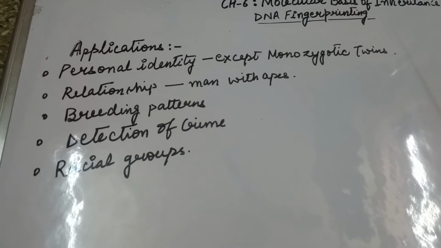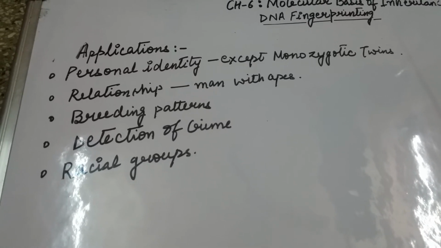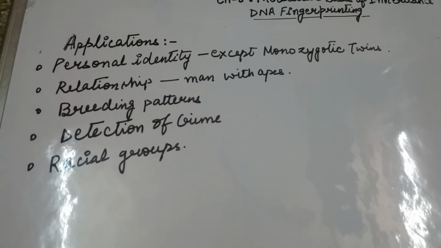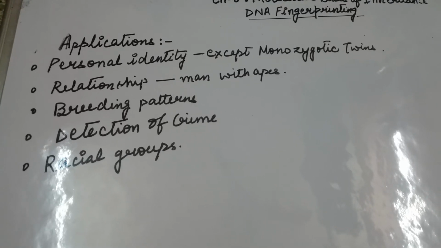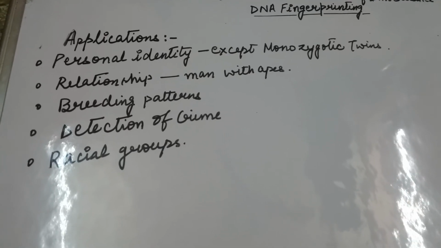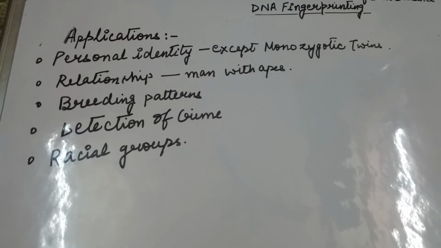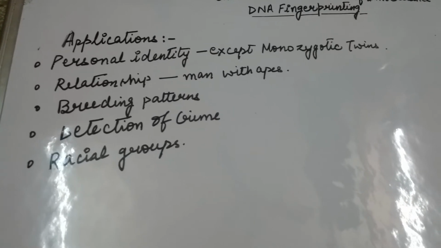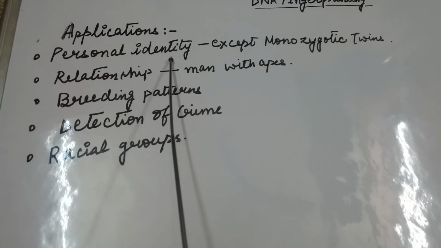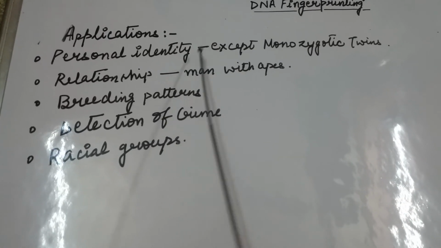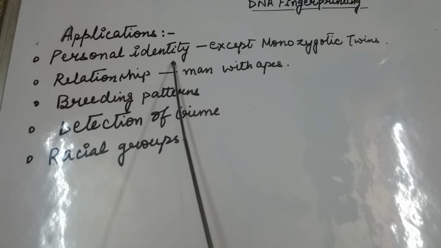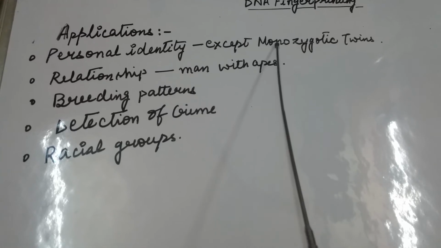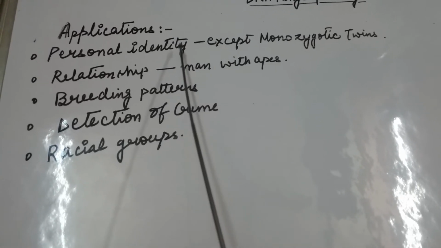Like dermatoglyphics, the study used to identify people by skin printing and palm printing, DNA fingerprinting can also help to distinguish one human being from another. The exception to this identification of personal identity is monozygotic twins, who cannot be distinguished with the help of DNA fingerprinting.